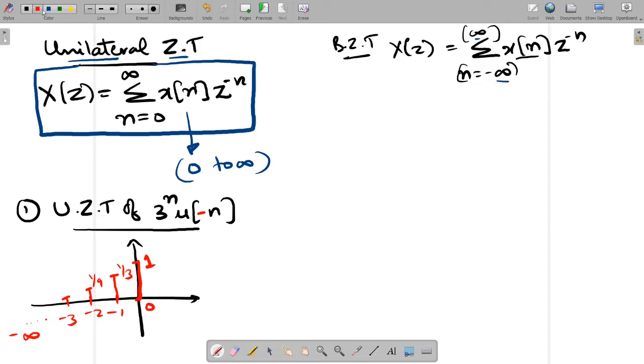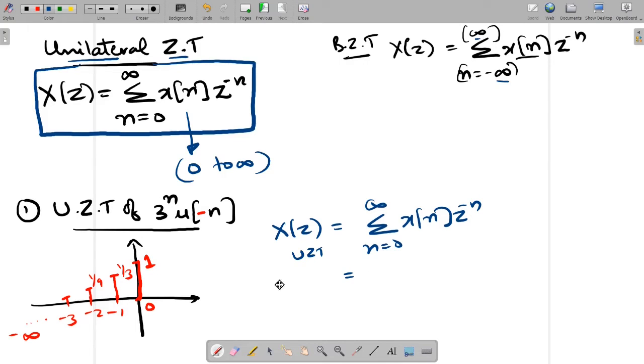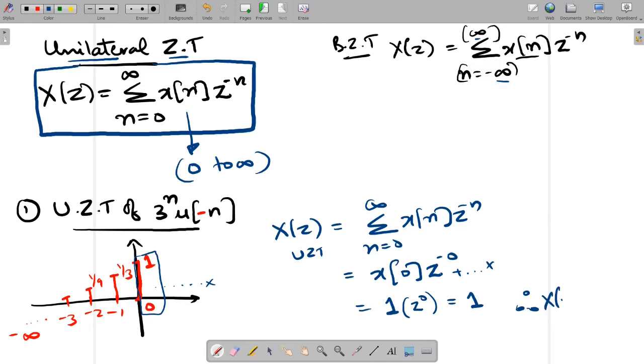Now, what is the formula with us? Unilateral Z transform is summation n is equal to 0 to infinity of x of n z to the minus n. Here there are no samples, only the sample at 0. So I will say x of 0 z to the minus 0, plus nothing, not to be considered. What is x of 0, guys? It is 1. 1 raised to z of 0. The answer is 1. Therefore, x of z is equal to 1.